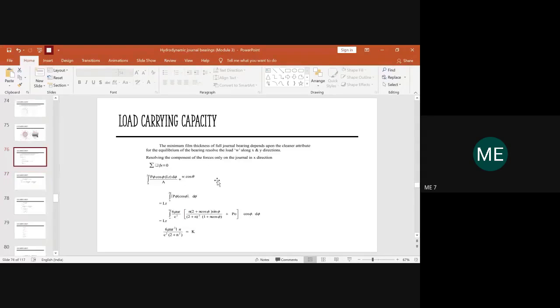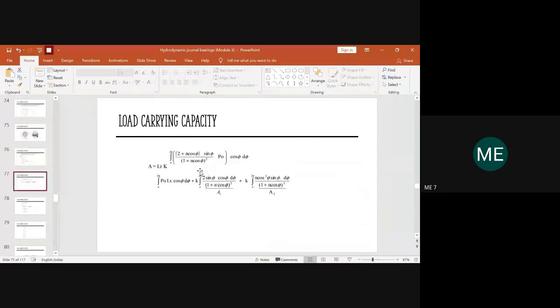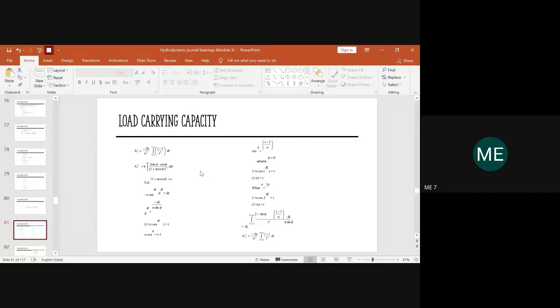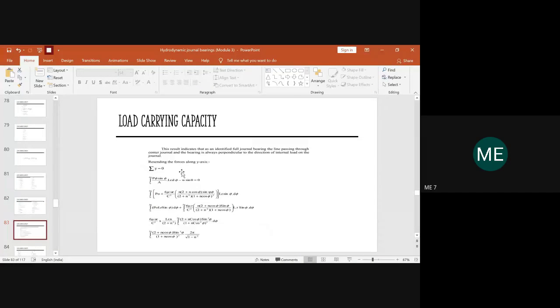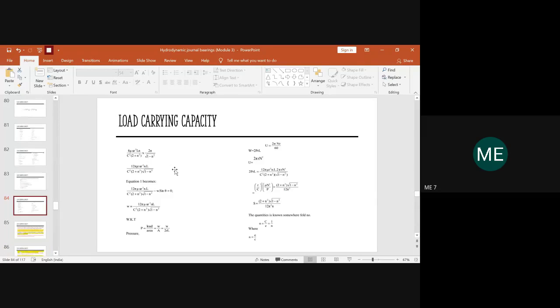We resolve the forces and come to an equation for the load bearing capacity, and we also relate that to the Sommerfeld equation. These equations we use for solving the problems.